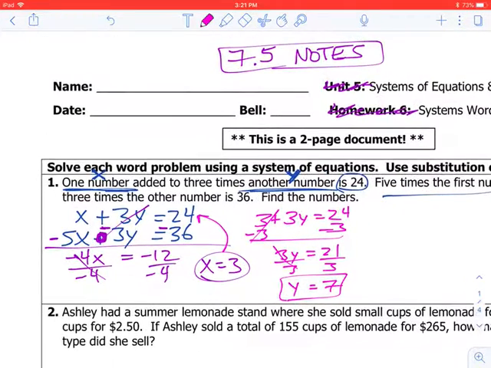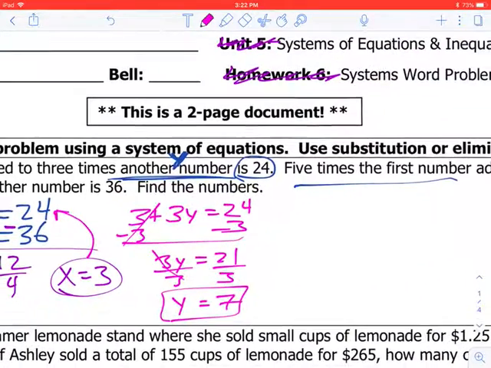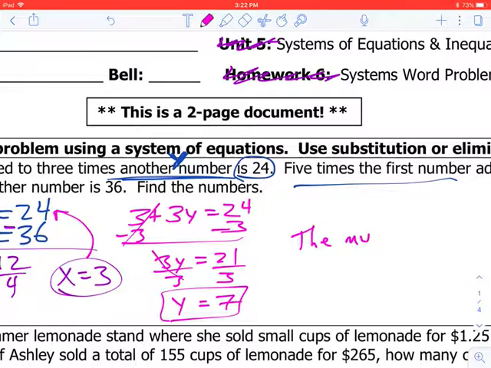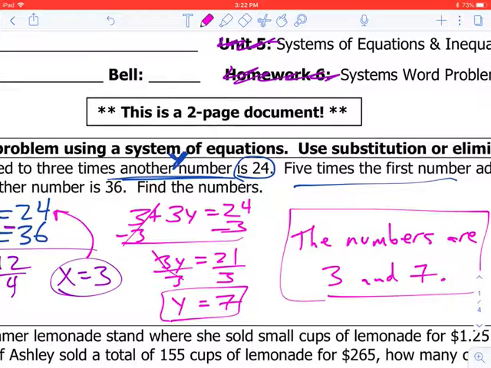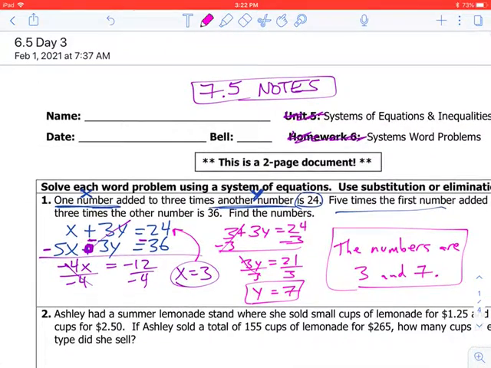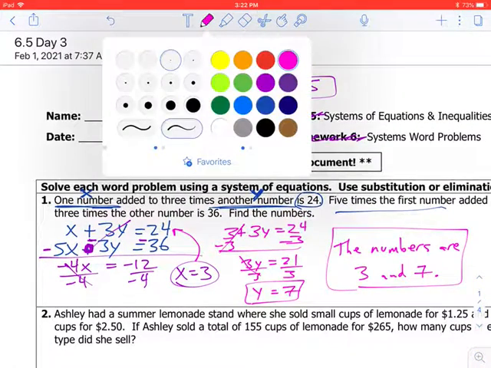And so we always want to make sure to label what we found. So when it says find the numbers, they are 3 and 7. Or 7 and 3. Since they're just two arbitrary numbers, the order really doesn't matter there.